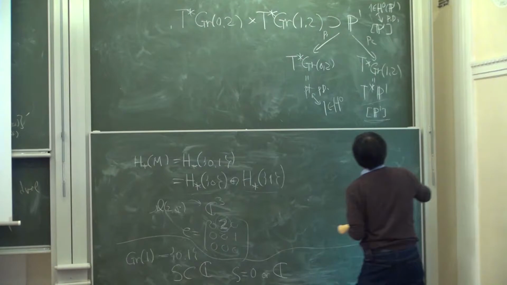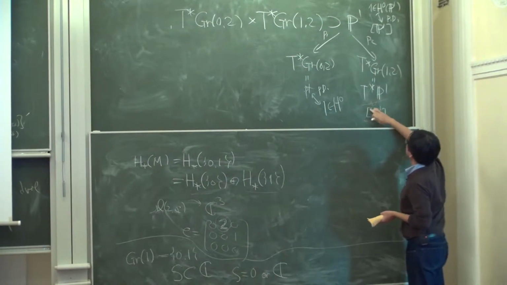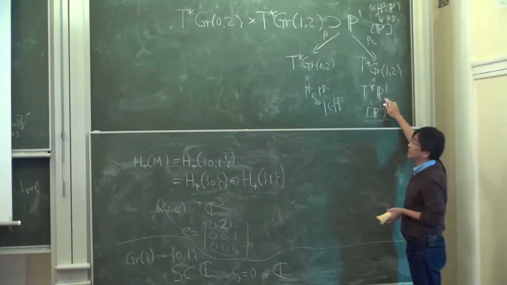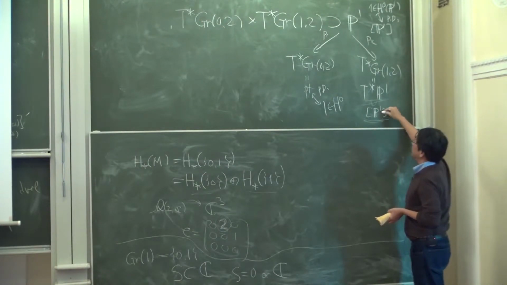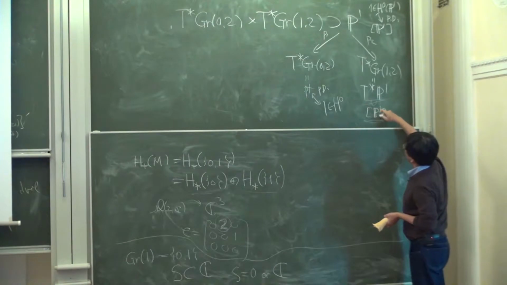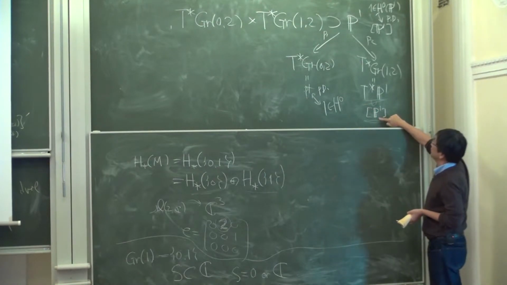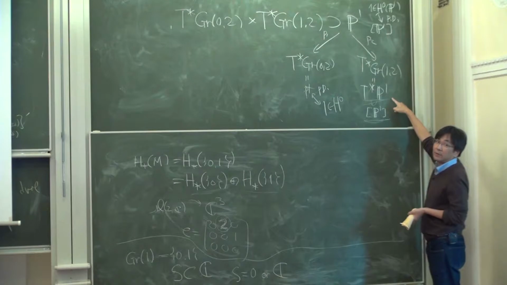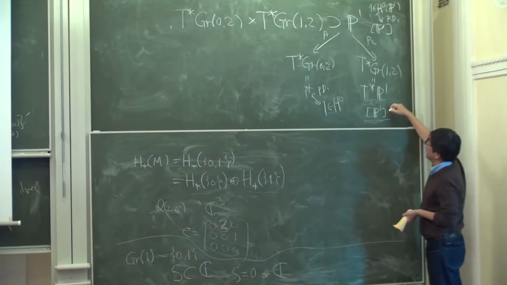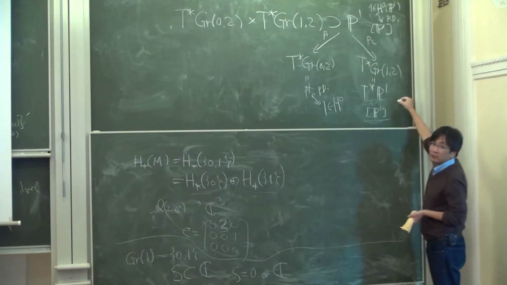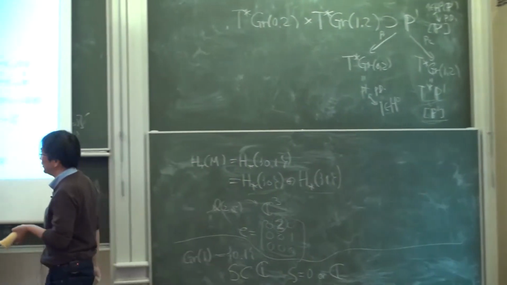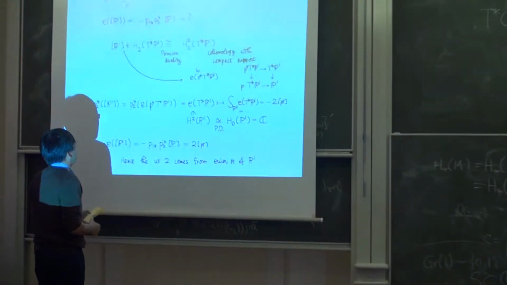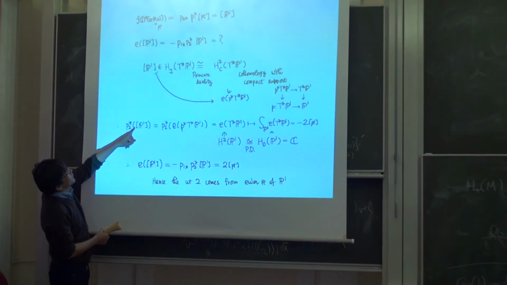But since this P1 is the zero section of T star P1, which is a complex line bundle over P1, once you have a submanifold which is the zero section of a vector bundle, then its Poincare dual is the Euler class of the vector bundle, right? I hope this is some basic result in topology. So I hope you know that.